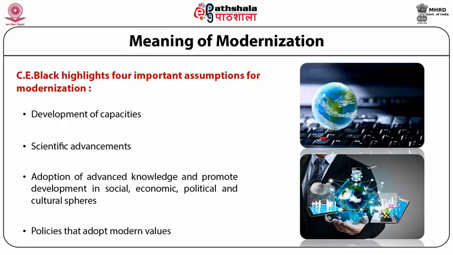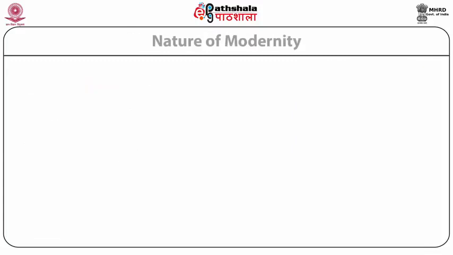So democracy is the pillar of modernity. A modern political system is purely based on the modern democratic principles of liberty, equality, justice, and fraternity, the principles or values that were echoed in the French Revolution.